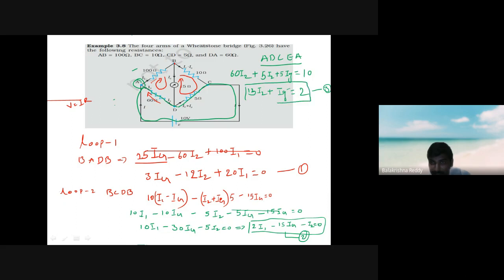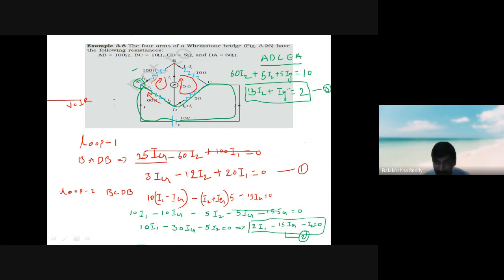Now we have three equations. Our aim is to find the unknown quantities. What are the unknown quantities? The currents are the unknown quantities in the circuit. So what I'm doing is taking equation 2, whatever we got, and multiplying it with 10, so conveniently we will get a suitable equation.